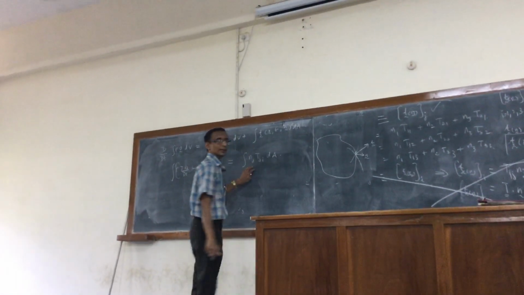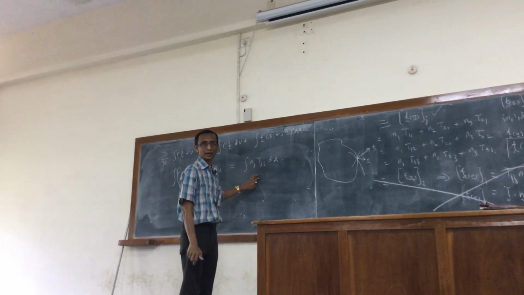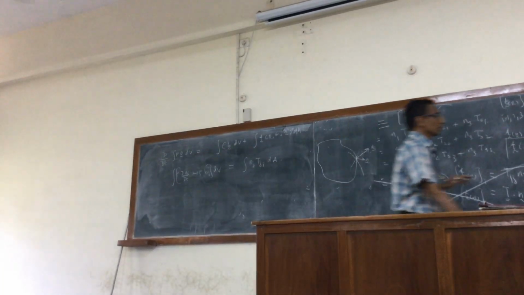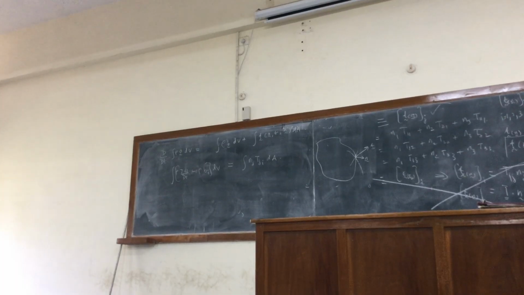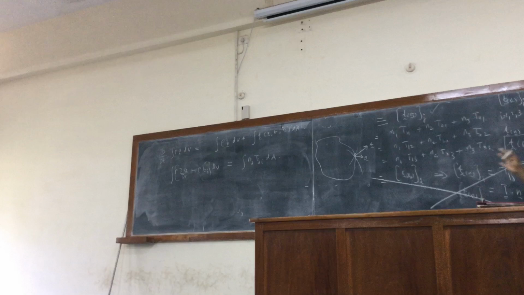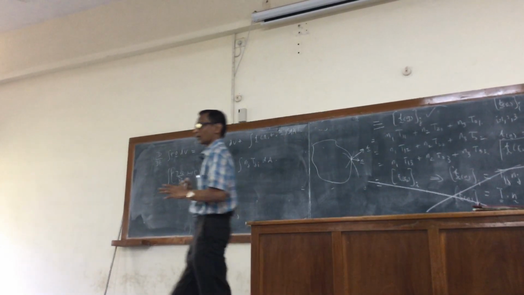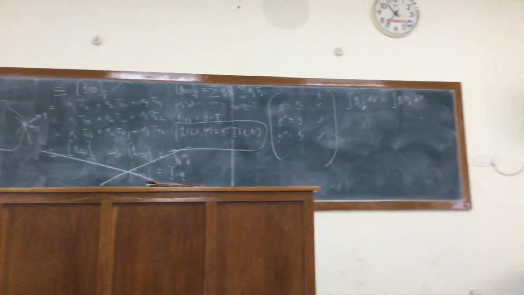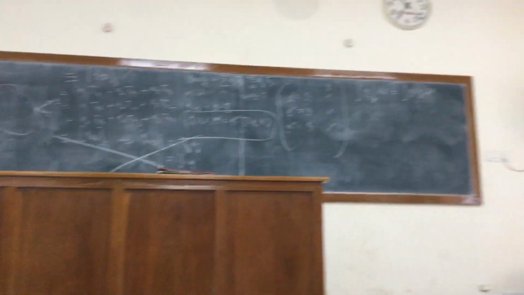Now, looking at this, clearly I have n_j here, so all I will do is to make it j. That choice is purely arbitrary. We call it i or j. So now n_j is here.